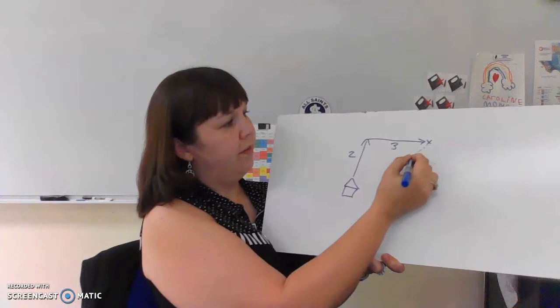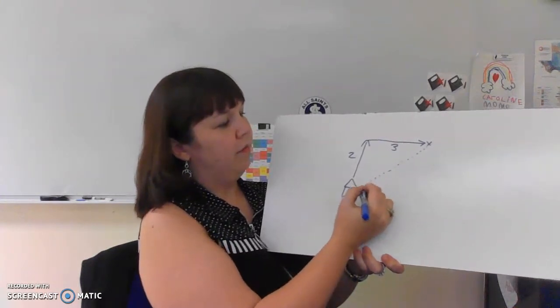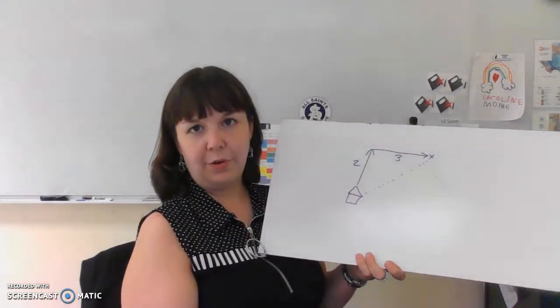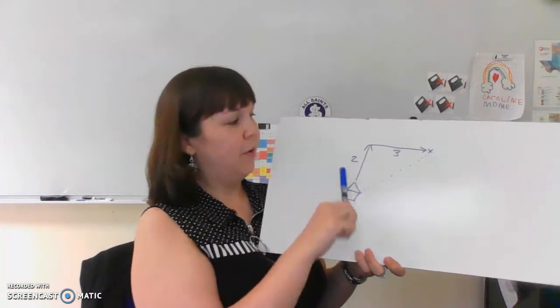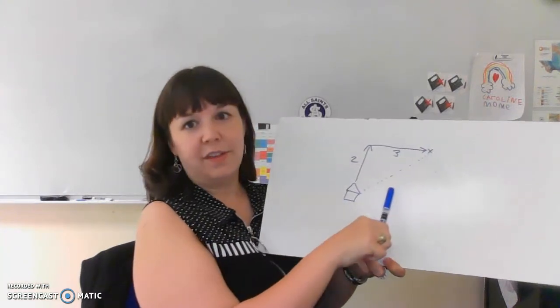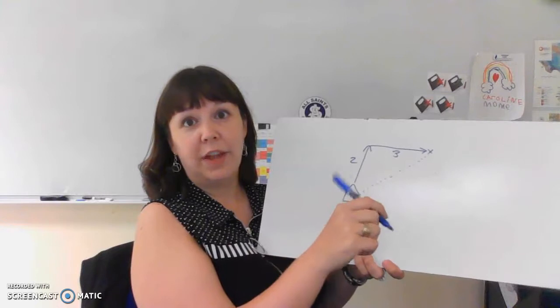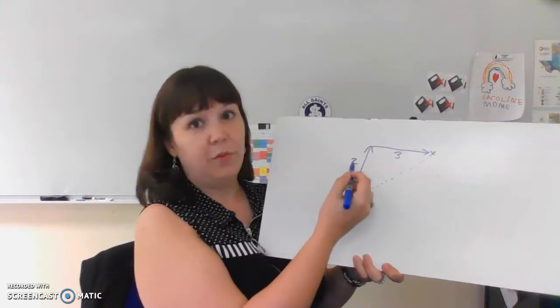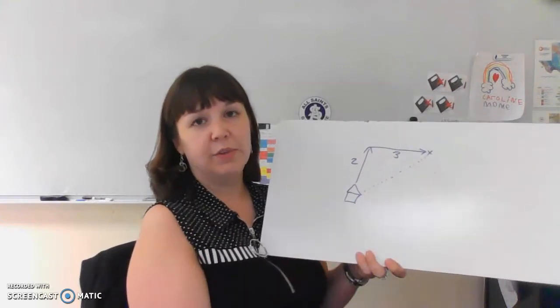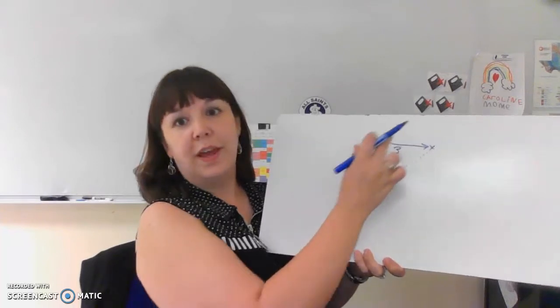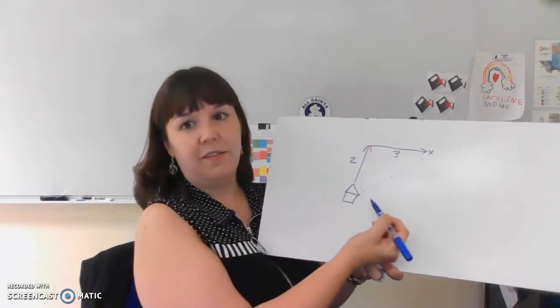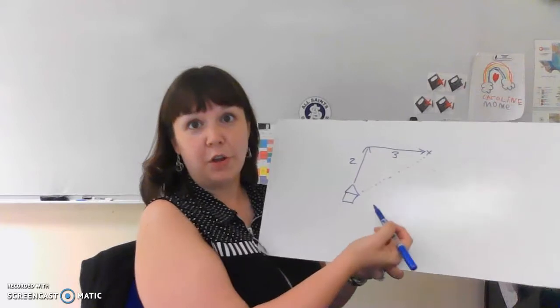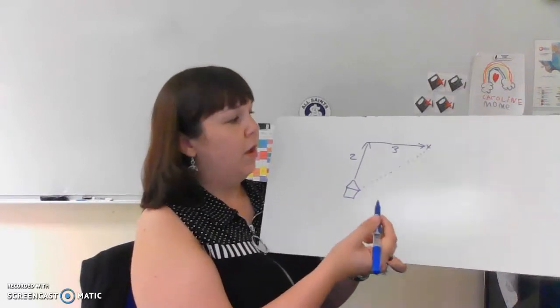If you'll notice, we have drawn ourselves a triangle. So think, how do I figure out this long side of the triangle? This is where the lovely Pythagorean theorem comes in. a squared plus b squared equals c squared. So that's how you would find this vector side here. How far are you from home?